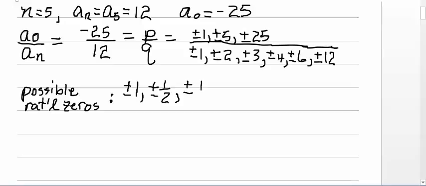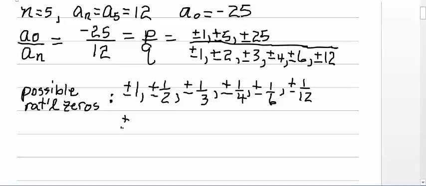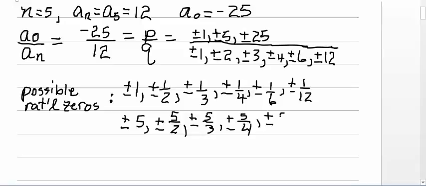So that will give us plus or minus 1 over 1, which is plus or minus 1, plus or minus 1/2, plus or minus 1/3, plus or minus 1/4, plus or minus 1/6, plus or minus 1/12. We're also going to get plus or minus 5, plus or minus 5/2, plus or minus 5/3, plus or minus 5/4, plus or minus 5/6, plus or minus 5/12.